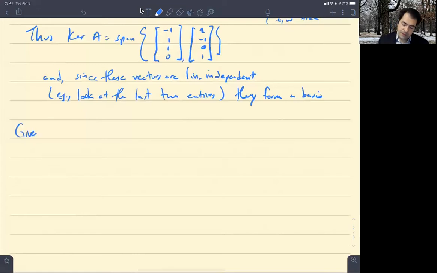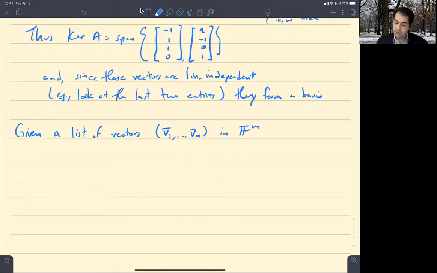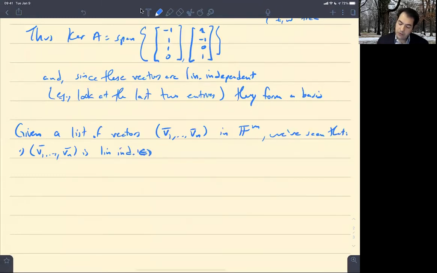So given a list of vectors, v1 through vn, in Fm, so this very special vector space, we've seen that, first of all, this list is linearly independent if and only if the reduced row echelon form of the matrix you get by putting these vectors as columns has a pivot in every column.